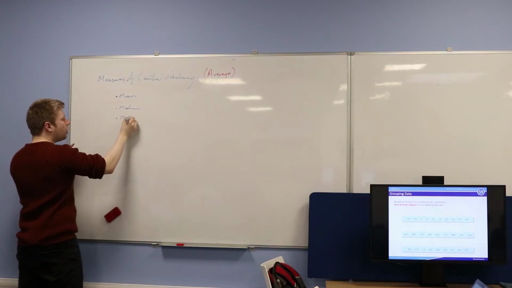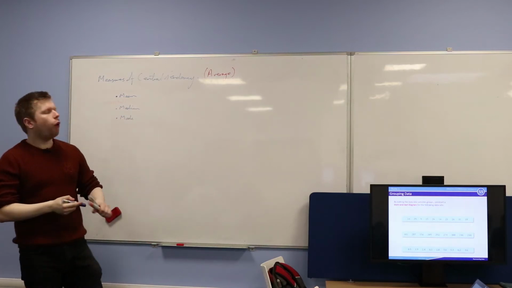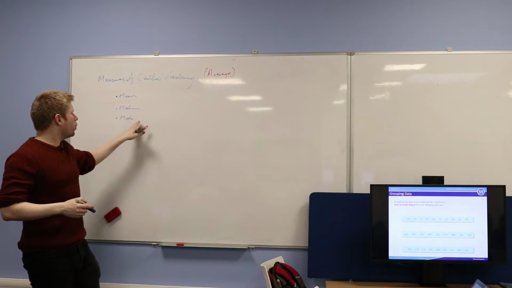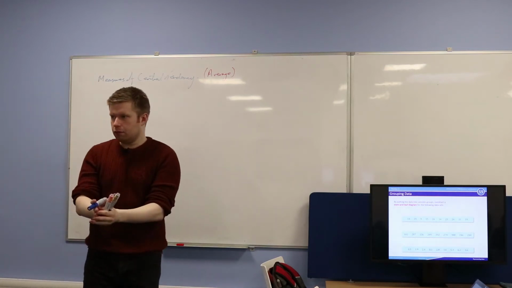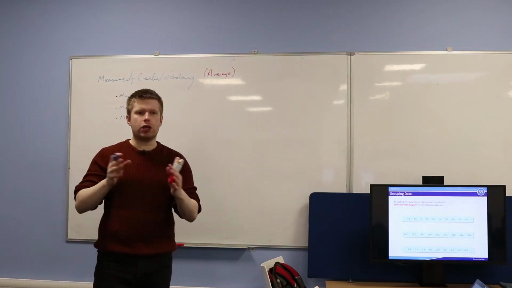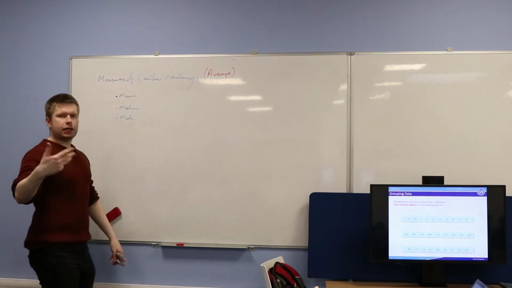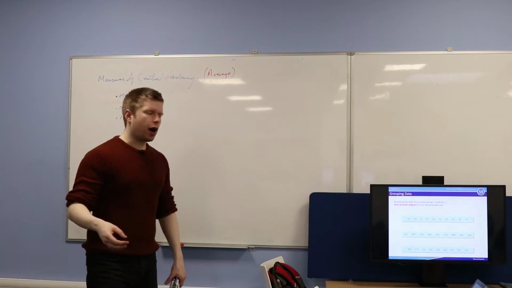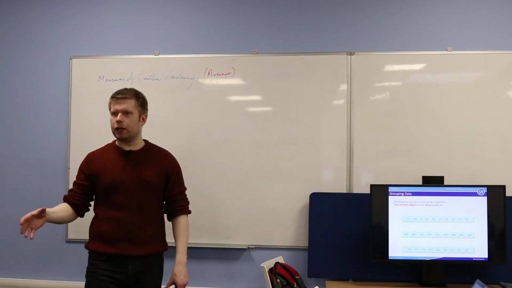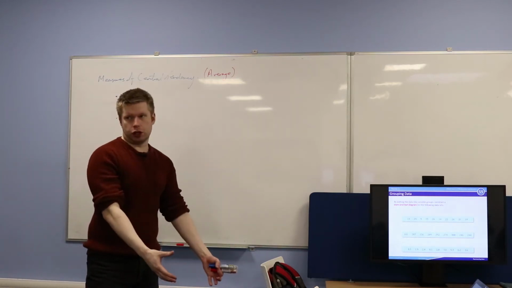And we spent quite a lot of time yesterday in the lesson before talking through what each of these things mean and also when each thing may be useful. The reason why there are three measures of central tendency is because sometimes one may be more applicable than the other, or one may not be a good measure. Okay?